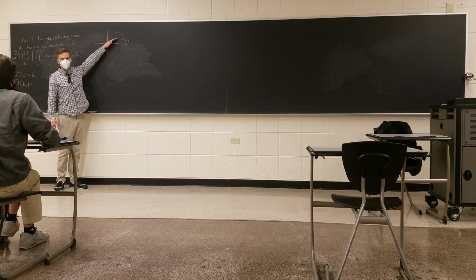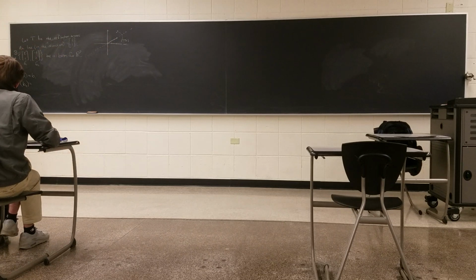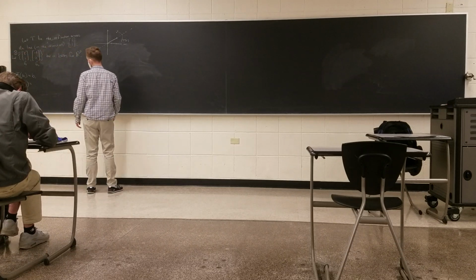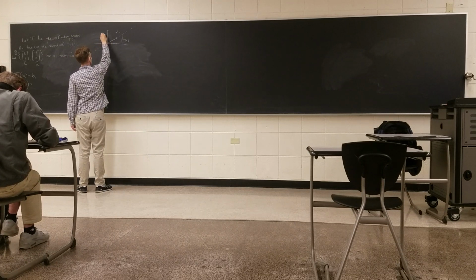Anything that's on the line, T sends it to itself. Now, in this case, what we have is negative 1, 2 is actually this vector.